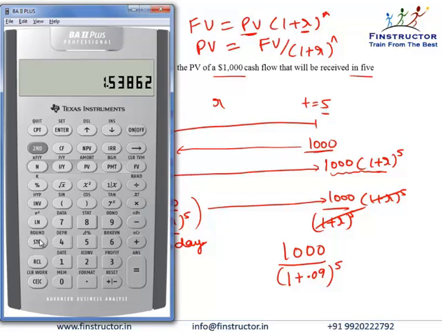Let's store this value in the memory register 1, and we need to compute 1,000 divided by 1.09 to the power 5. So let's press the button 1,000 divided by recall 1 will give us the answer. That is 649.93139. Just store this in memory register 2 for future use if need be.